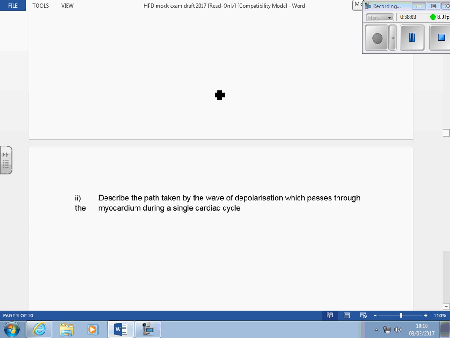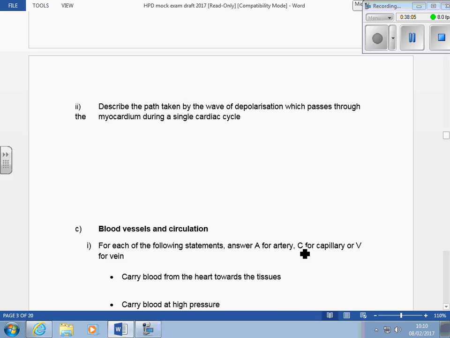Now, describe the path taken by the wave of depolarization which passes through the myocardium during a single cardiac cycle. All right, don't make it too complicated. Where does it start? Sinoatrial node. From there it spreads across the atria.